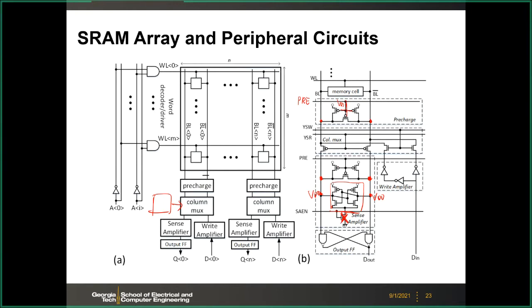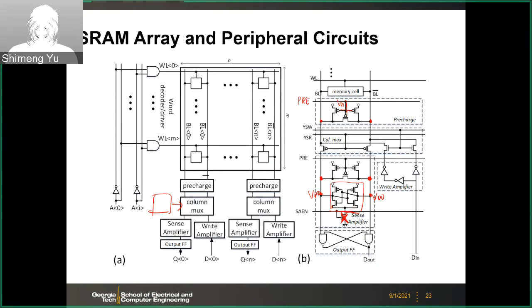Now the read operation, as we discussed. For example, if you store 0 here and store 1 here, then the bitline will see a decay. So it will have VDD minus delta V, and the other side, bitline bar, will be VDD.